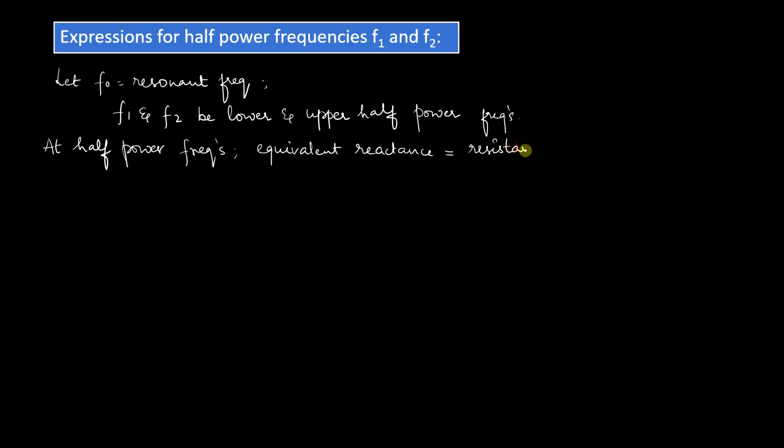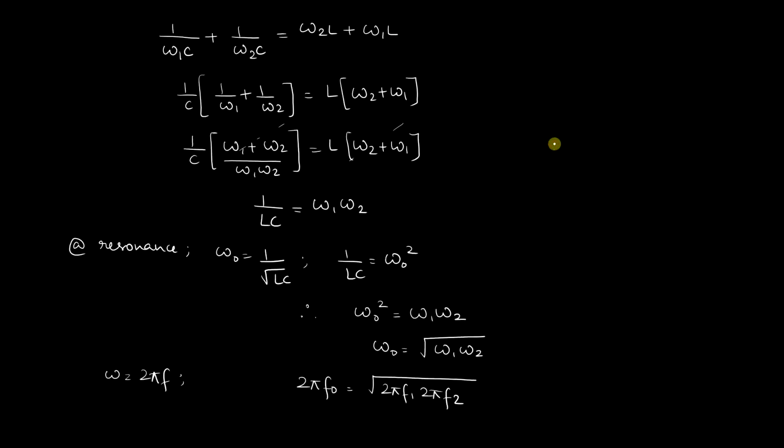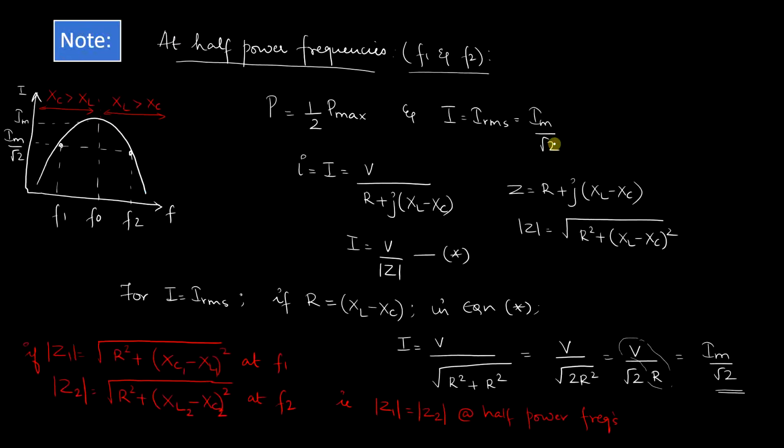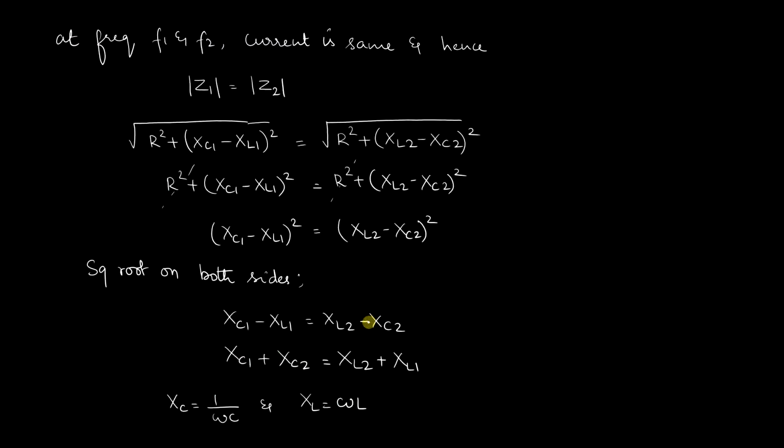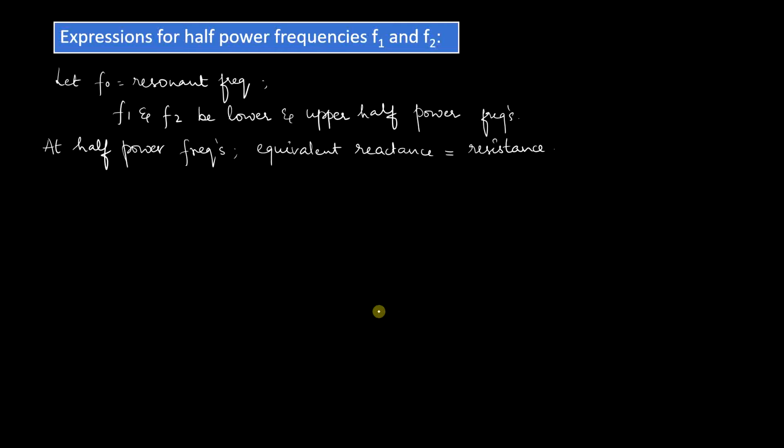I have explained that to you in the note. If you remember this note, I have told you if you want to obtain the current to be equal to Im by square root of 2, your resistance should be equal to the equivalent reactance. So that concept we are going to use here.